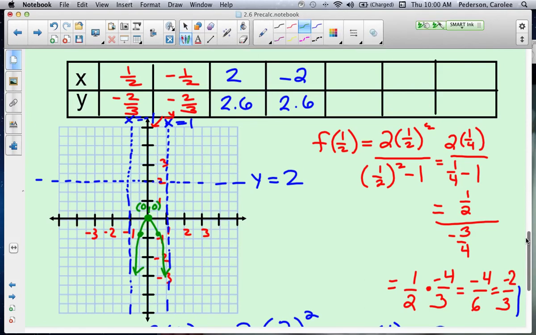Over 2, up 2.6, left 2, up 2.6. What do you think is going to happen at this green dot? I think it's going to happen in this area right here, with those asymptotes. Probably a curve.